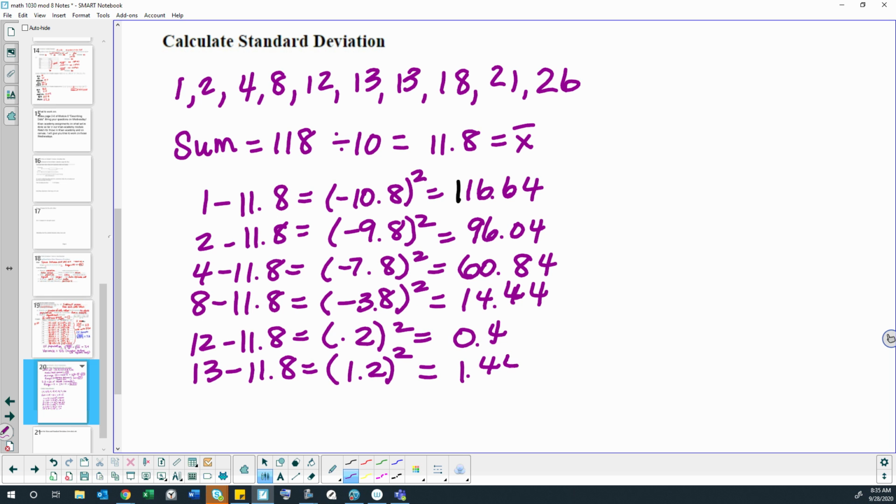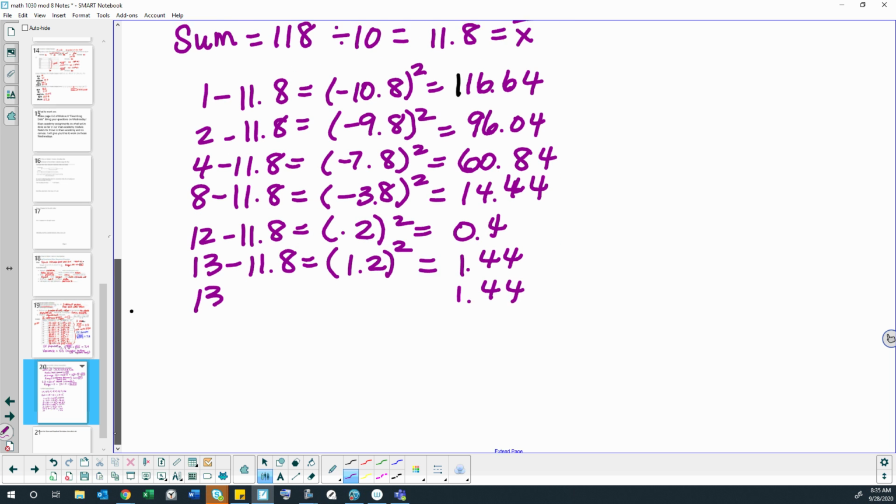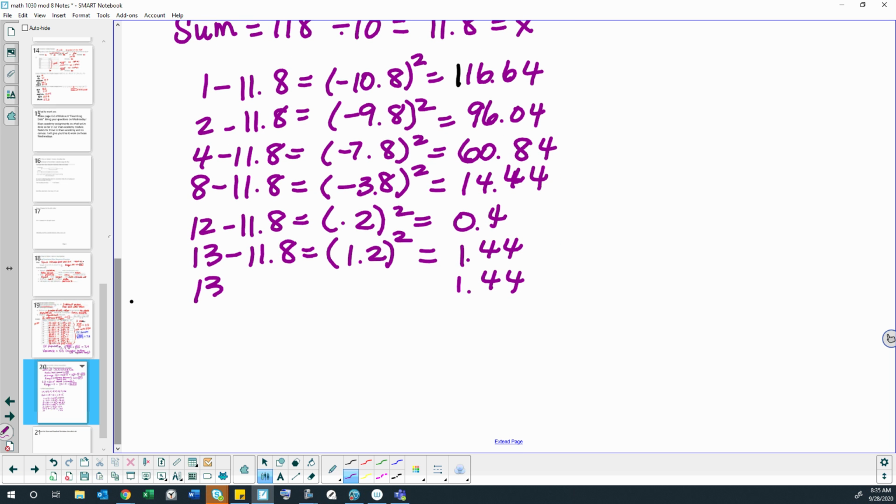And now it's 1.44. Well, guess what? There's 2 of those. So that was fast. And then 18 minus 11.8 was 6.2 squared, which was 38.44.